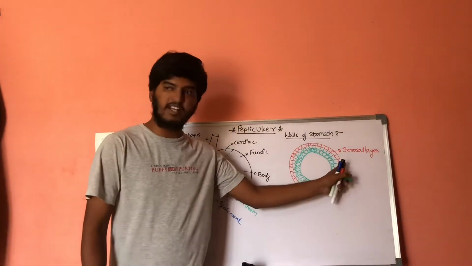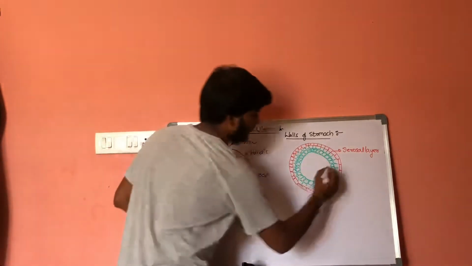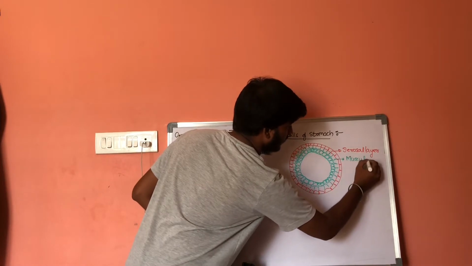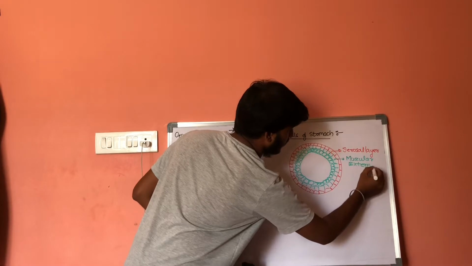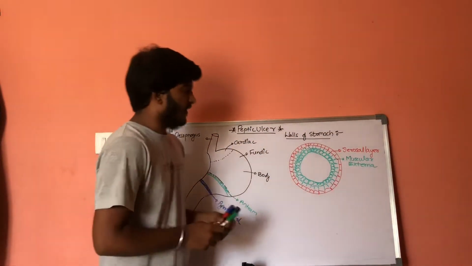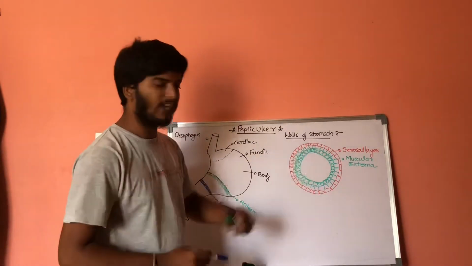Outermost layer is serosal layer. The layer present next to it is muscularis externa.